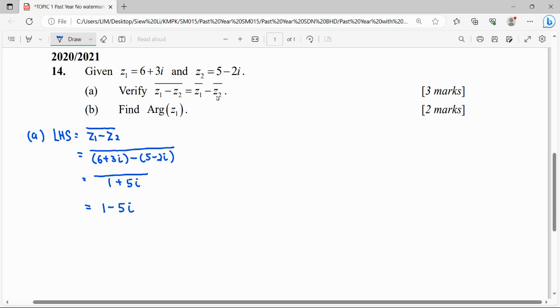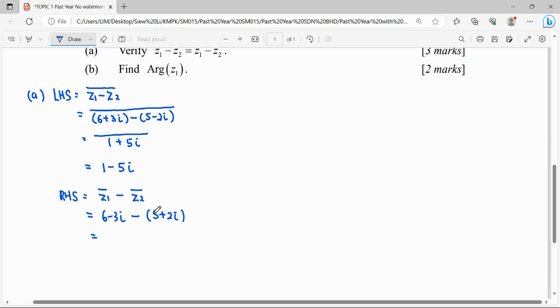Meanwhile, for right hand side, the operation here is conjugate for complex number 1 minus conjugate of complex number 2. So complex number 1 conjugate, you will get 6 minus 3i, minus complex number 2 conjugate, which is 5 plus 2i.